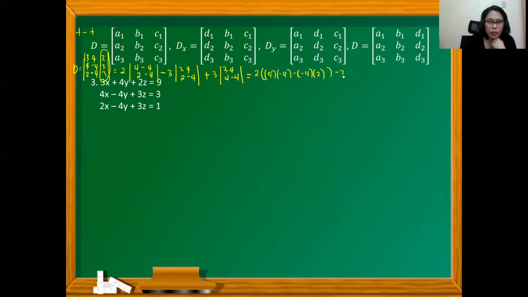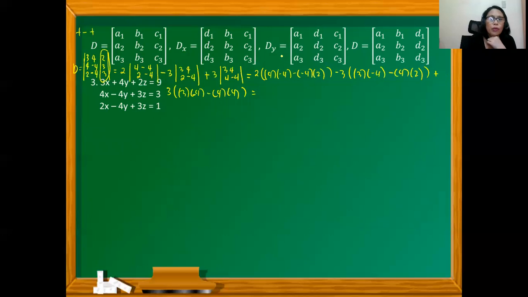And then minus 3 quantity, the product of 3 and negative 4 minus the product of 4 and 2. And then plus 3 quantity, the product of 3 and negative 4 minus the product of 4 and 4.